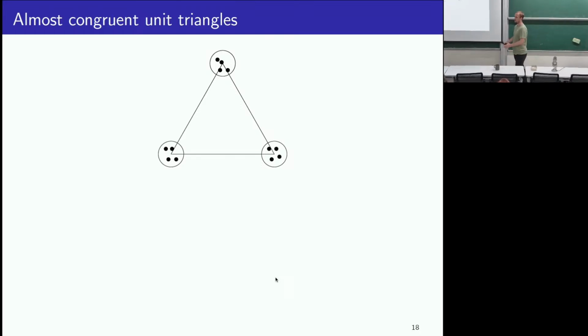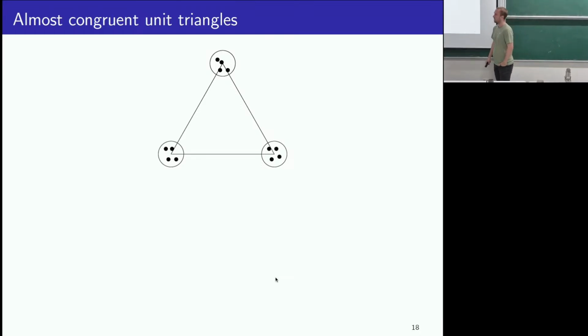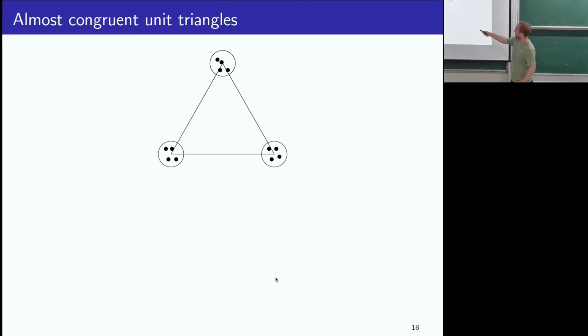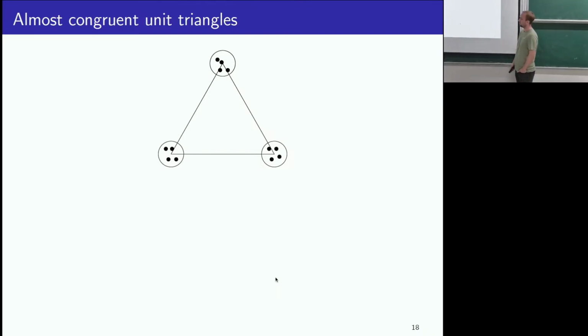And you're going to do it as evenly as possible. So when n is divisible by 3, you're going to put n over 3 here, n over 3 here, and n over 3 here. And now we can count how many triangles are epsilon unit, given the radius is small enough. It's going to be all the triangles with one endpoint in each of the classes.